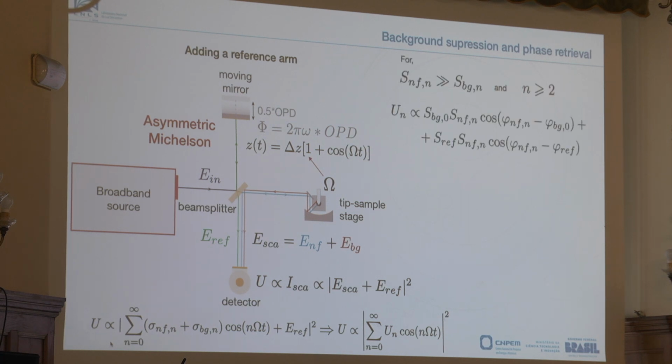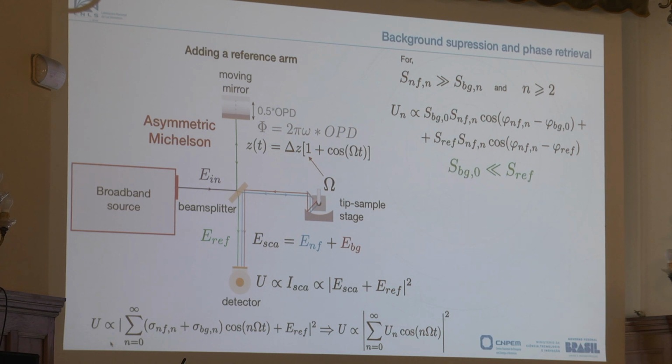If we consider the amplitude of the near field to be larger than the background amplitude, for the case that we go for the harmonics of the tip, we can write down this expression like this.